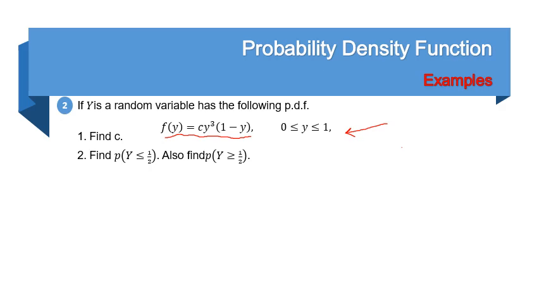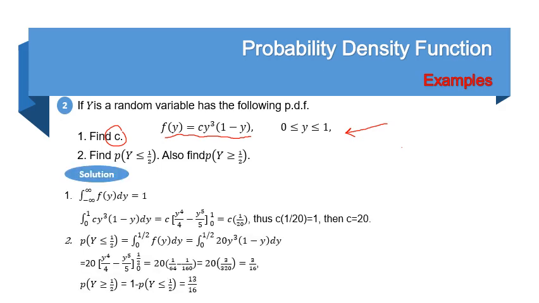You have to multiply and make it a term of y plus or minus another term of y. So here again, he's asking us in the first requirement to obtain the value of C such that your probability density function is a proper, or valid, one.